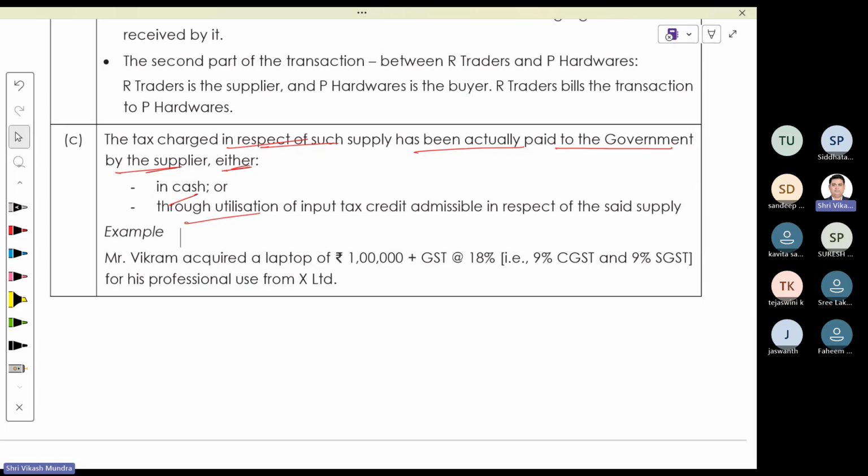Unless and until your supplier makes the payment of the tax to the government, you are not entitled to ITC. Your supplier may discharge his liability through cash or through utilization of ITC, by whatever mode. If the tax liability is not discharged by your supplier, you are not eligible to claim ITC, even if all required conditions are fulfilled.